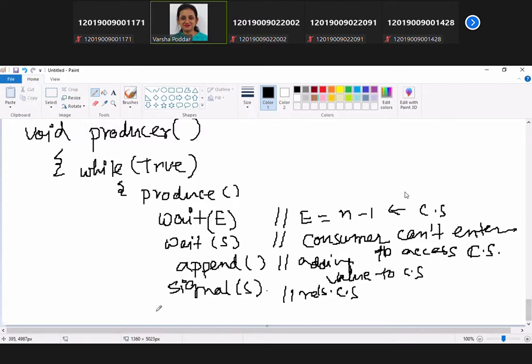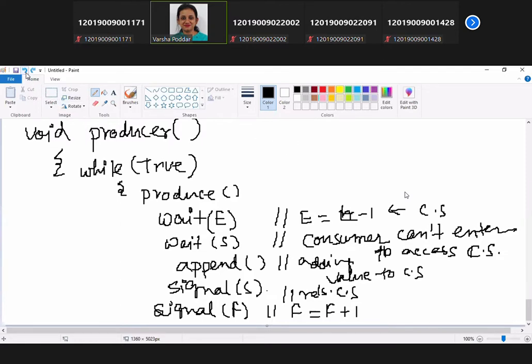And then signal of F, because F has to increase. F equals F plus 1. Here you better write E minus 1, whatever the previous value of E, minus 1. So second, E equals E minus 1. Right?